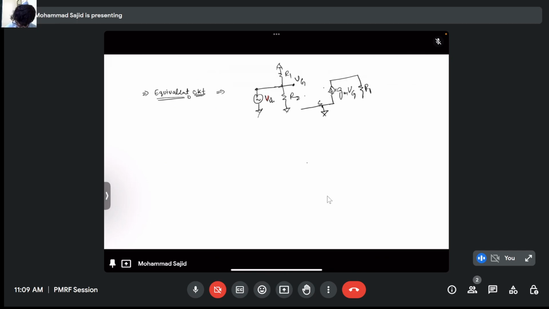This is your RD, and this is your V out. Is it correct? Yes. Okay. This is VGS. So R1 is in parallel to R2, right?